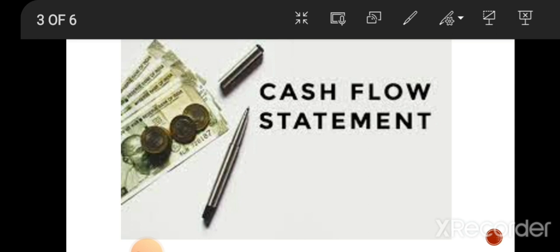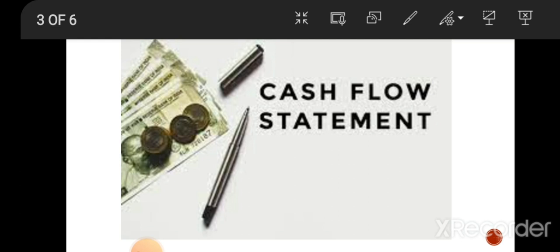So what is a cash flow statement? It is a statement which describes the inflow and outflow of cash and cash equivalents in an enterprise during a specified period of time.